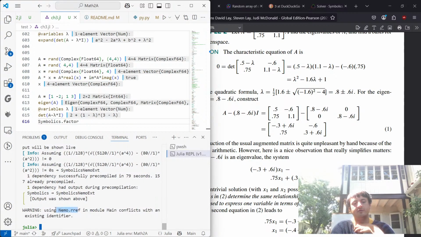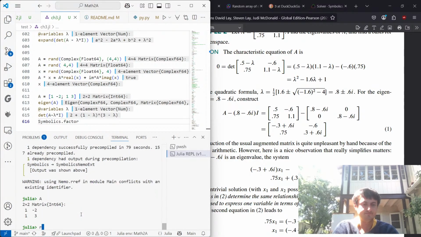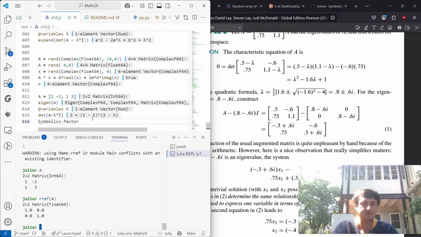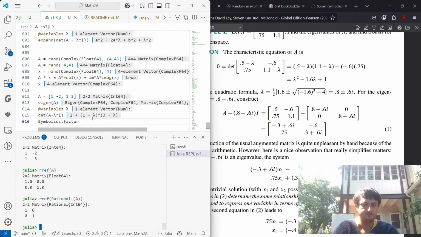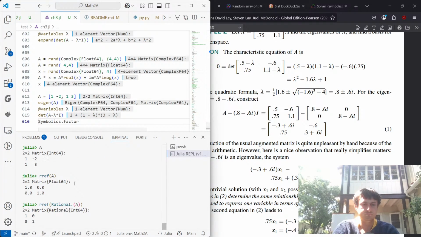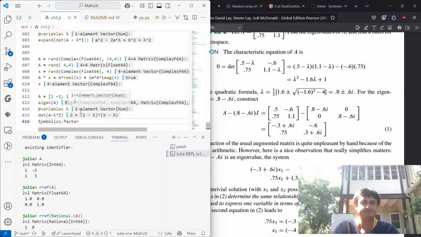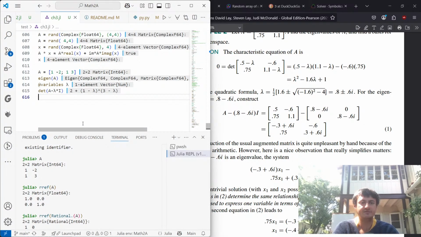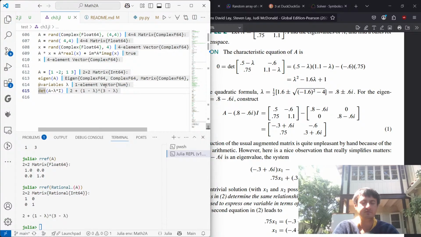Oh, great. They overload RF. Did this just destroy my whole world? Let's see. Good. Okay, I didn't even actually care about that. Wait, but I did want to factorize this thing. How do I factor?